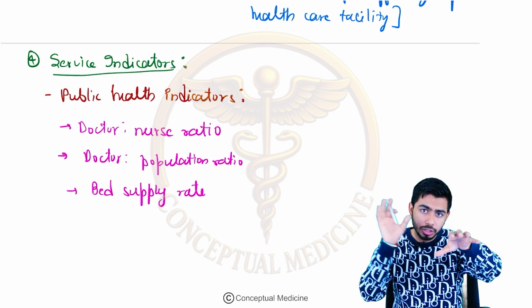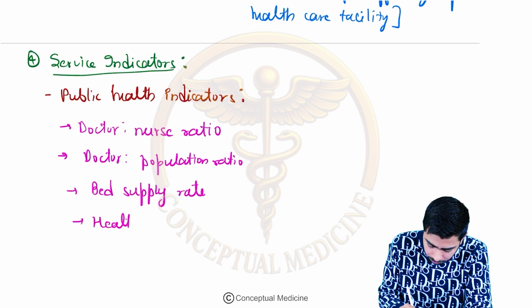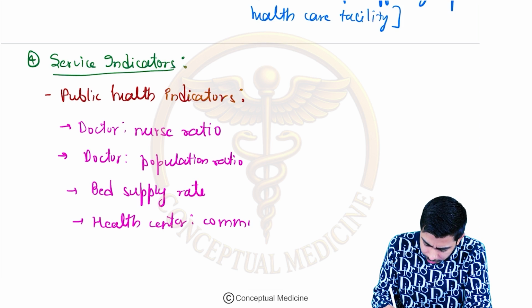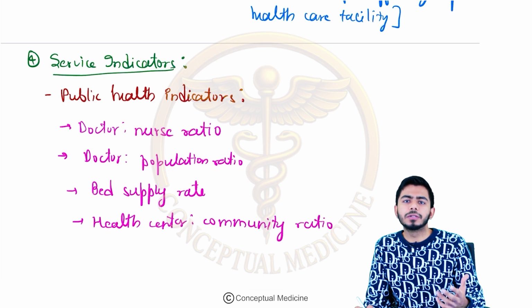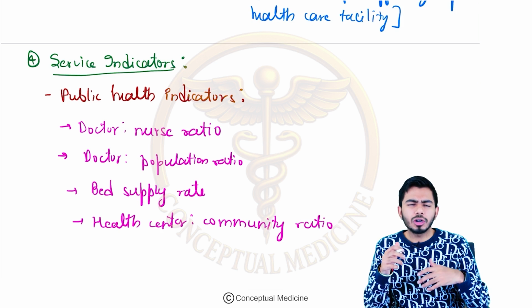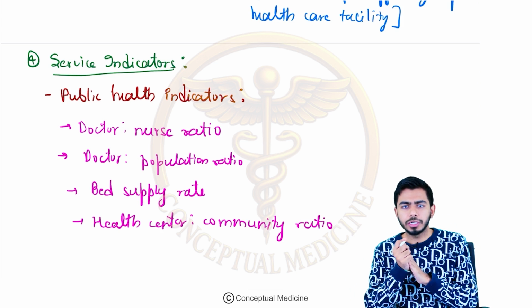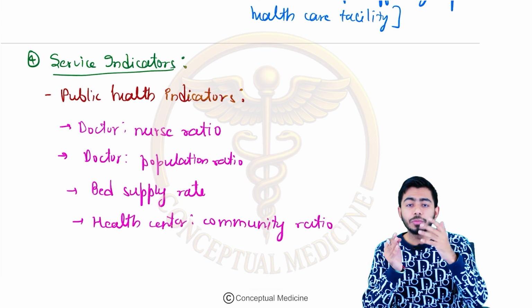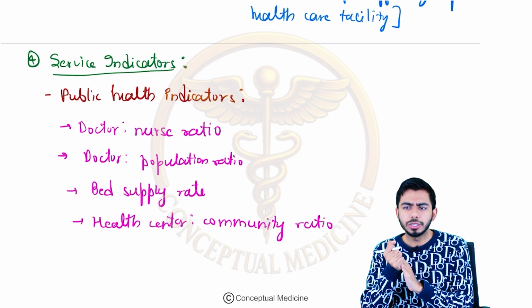So health center and community ratio, or society ratio, whatever you want to call it, also comes in this category. These come in the service indicator, how well the people are actually served. For example, per 10,000 people, how many doctors are actually available? That is the doctor community ratio.